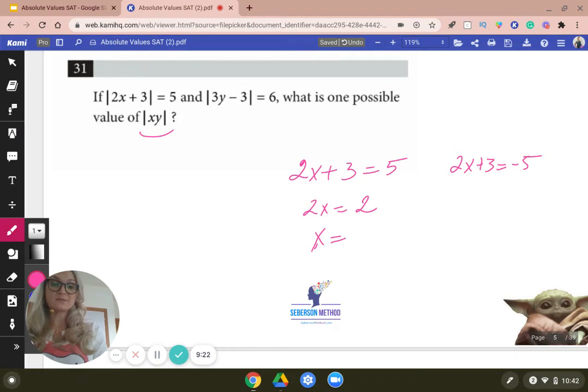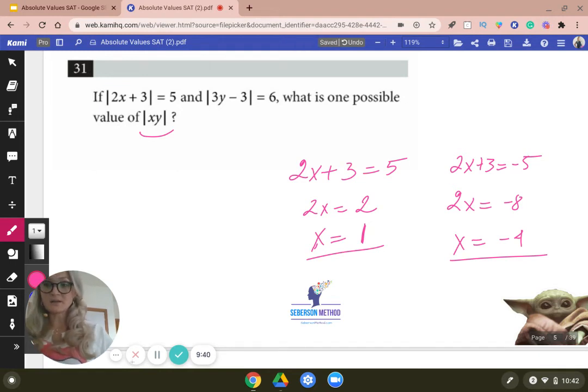So this is 2, then divided by 2, the answer is 1. So one possible value of x is 1. Then here, 2x is equal to -8, and then x is equal to -4. That's another answer.